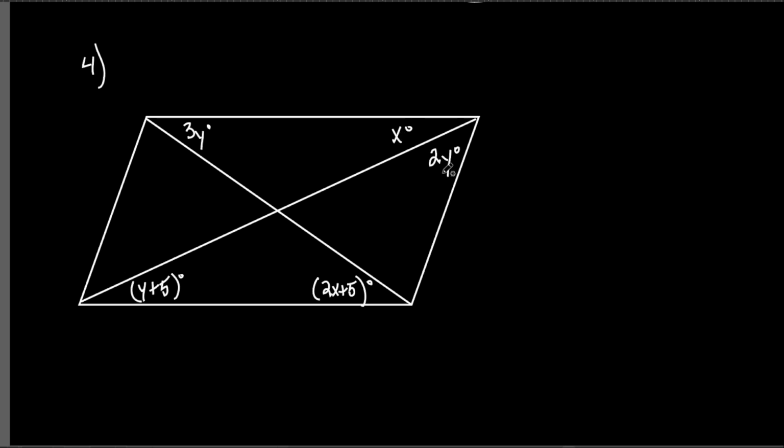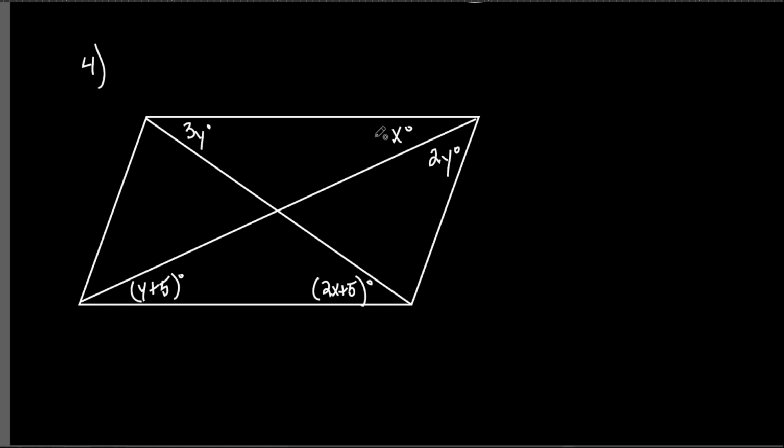Like, is x equal to 2y? We did that, but we didn't do it with a regular parallelogram. We did it when it was a rhombus. When it was a rhombus, those diagonals bisect the opposite angles, okay? But they don't necessarily do that when it's just a regular parallelogram.